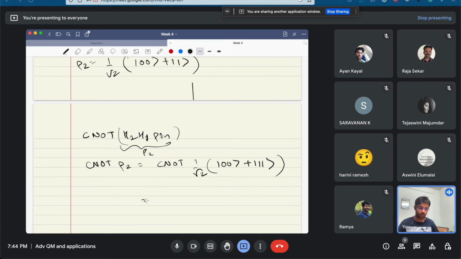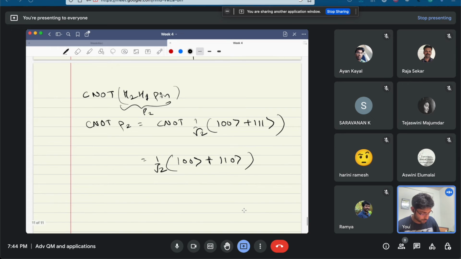So whenever the first control bit is 0, it doesn't do anything, and when the first control bit is 1, it flips the other bit. So it essentially keeps the 00 as it is and flips the other bit as your 10. So this is what you can say is your row output.